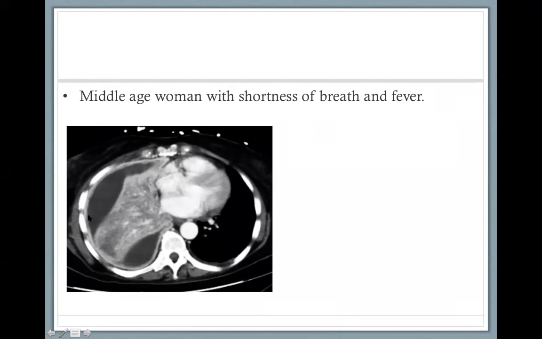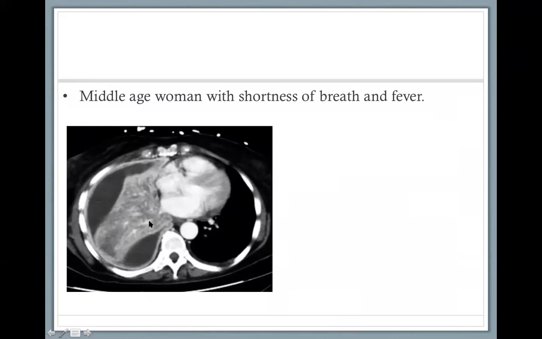And then you have fluid around it. So that's pleural effusion. But you also have abnormal thickening of the pleura, which is the lining of the thoracic cavity here. So this is the parietal pleura. So one of you said collapse, I agree. But it's not just collapse. There are areas of lower attenuation.